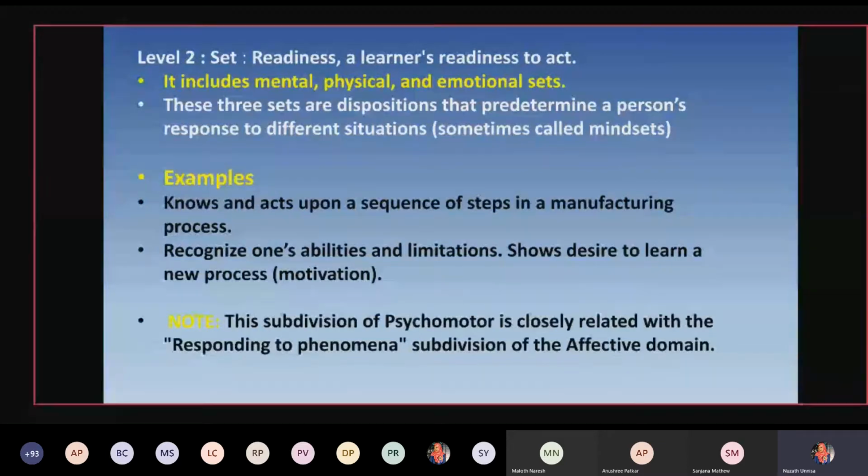If the student is not fit in any of these three sets, mental, physical, and emotional, he or she is not ready to learn. We can list some examples here: recognize one's ability and limitations, and show the desire to learn a new process, or motivation.